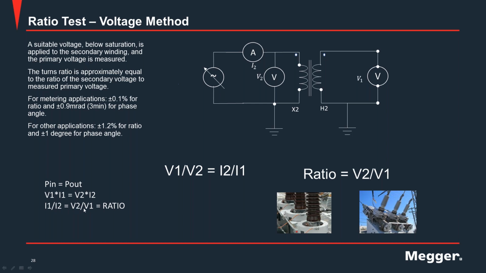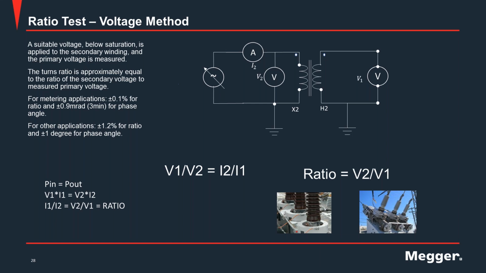However, when we do the voltage method, we inject on the secondary side. This is applicable for CTs that are connected in a bushing, for example, wherein we have difficulty injecting primary current. Imagine this is a transformer and this is a bushing CT. If we inject higher current into the transformer winding, I don't know what will happen.